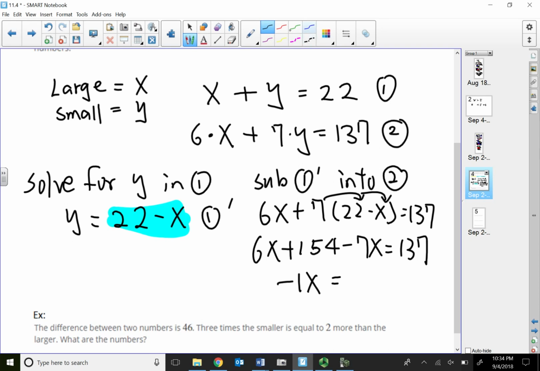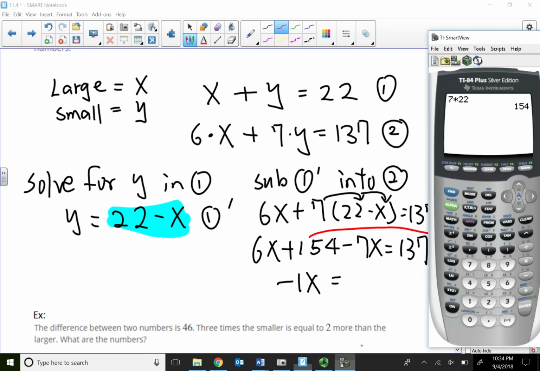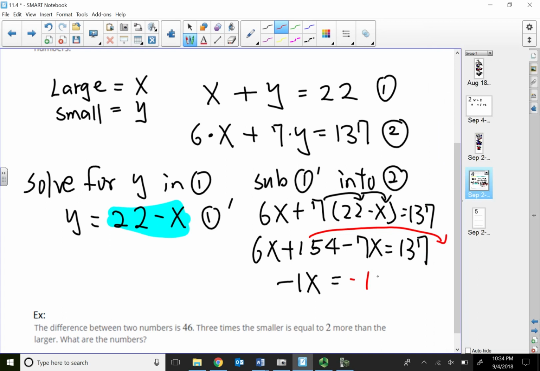I'm going to move my 154 over, which becomes negative. So 137 minus 154 on the other side becomes negative 17. Divide both sides by negative 1. My answer: x equals positive 17.